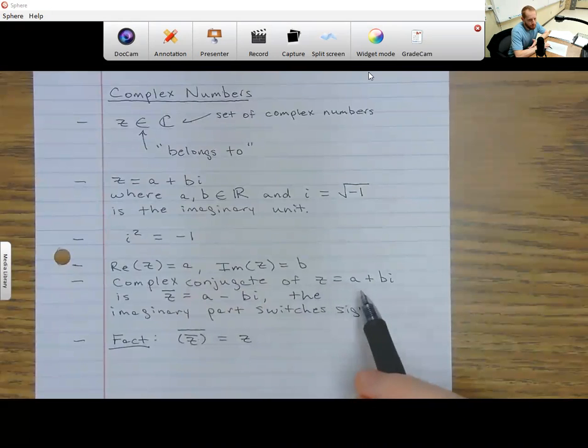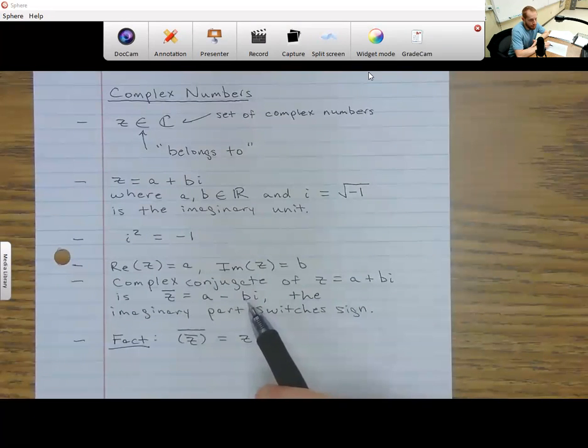Because if we started off with a plus bi, and I told you to give me the conjugate, you would switch the sign to a minus bi. And then if I said, hey, switch it back again, you would be right back where we started, at z equals a plus bi. So the conjugate of the conjugate is z. And that's the way I like to think about it, okay? So if you do the conjugate thing twice, you're going to get back to your original z.